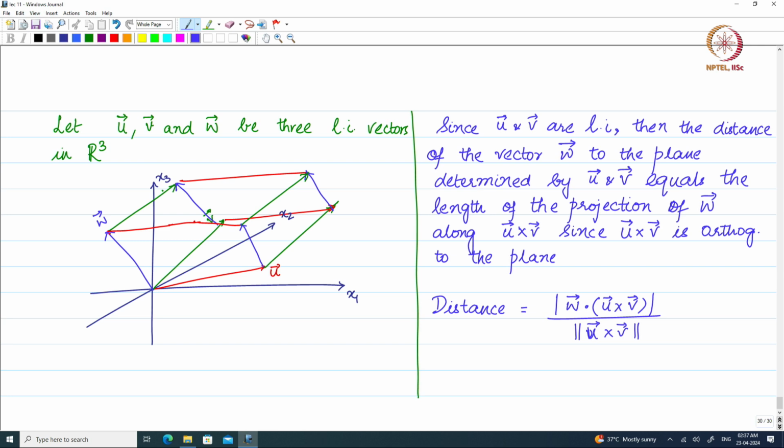Now this is going to be the height of the parallelepiped. That is basically the length of the projection of that vector. So we are going to look at the volume now.